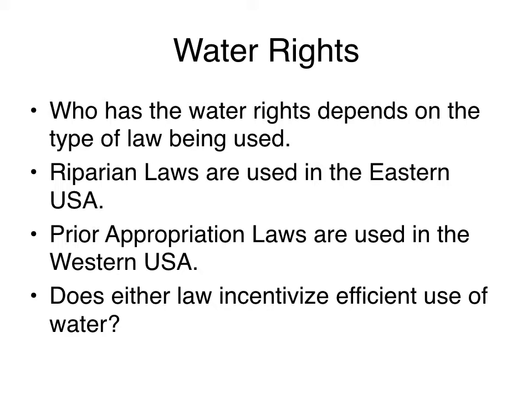At that point, the marginal value of agriculture is zero, and the marginal value of industry is positive. So there could be some efficient reallocation of water, but it doesn't happen because of these laws. They have access to the water, and therefore they use it.